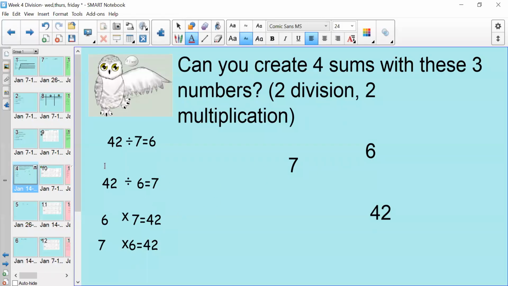Okay, so by doing these sums with these 3 numbers, we have created 2 inverse. We've used our inverse knowledge. So basically, the inverse of multiplication is to divide, and the inverse of division is multiplication. So inverse means the opposite. Okay, so it's doing the opposite thing.